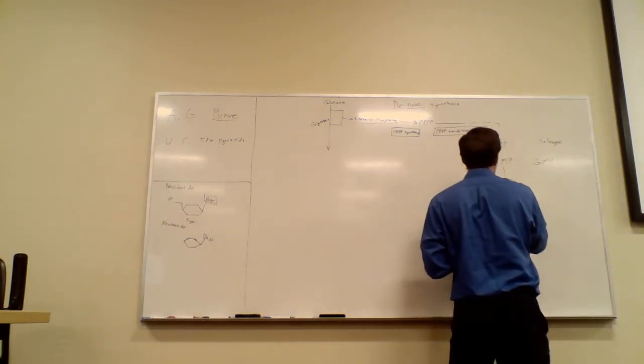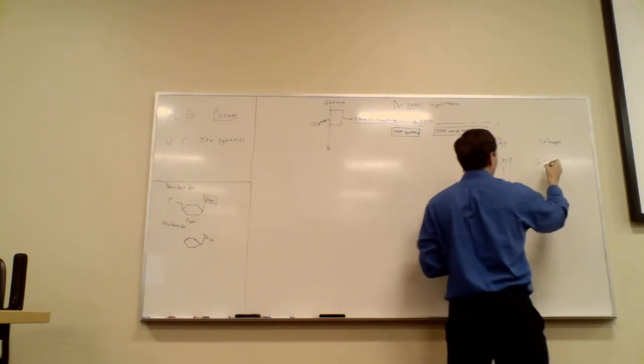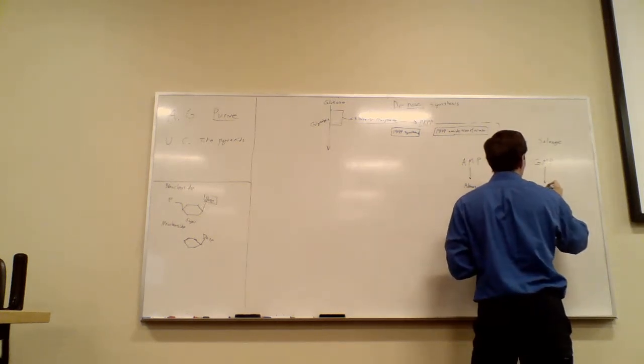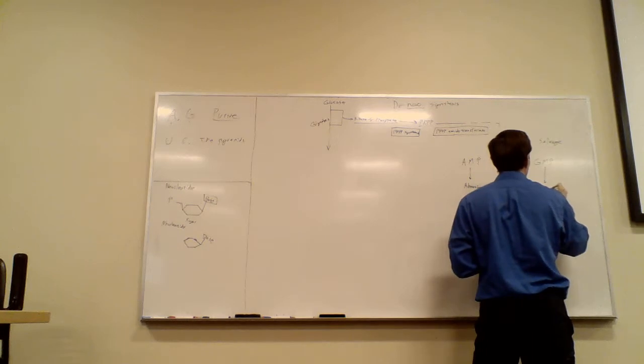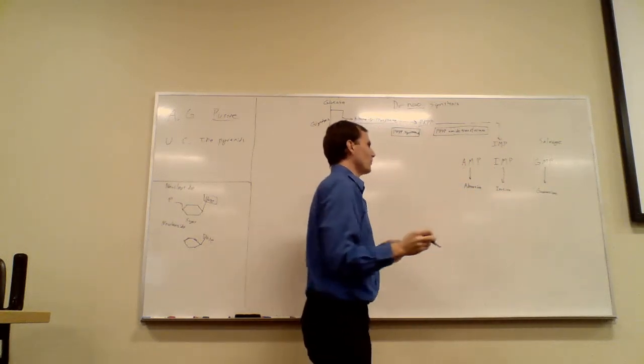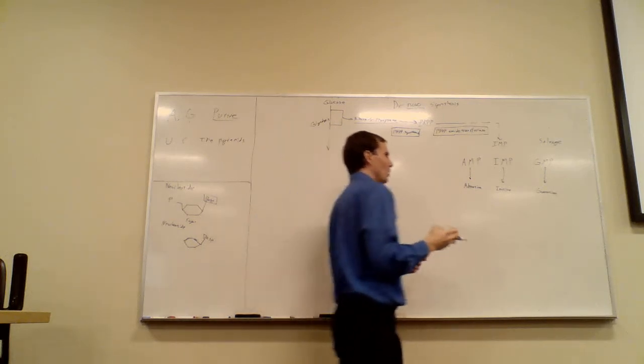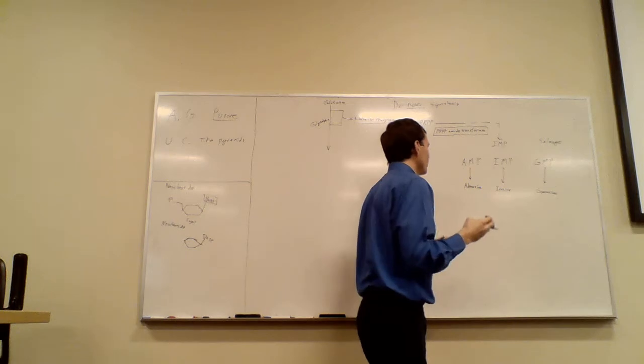Inosine monophosphate can go down to inosine. We're just taking the phosphates off. And guanosine monophosphate can go to guanosine. Okay? So all we've done is knock the phosphate off. And so then it's not monophosphate anymore, it is just itself.